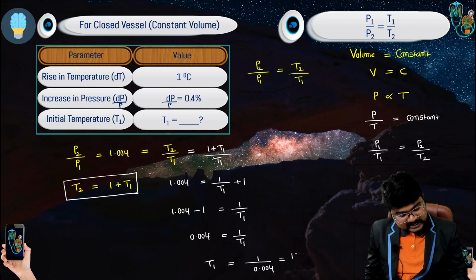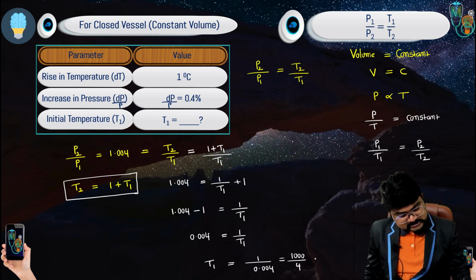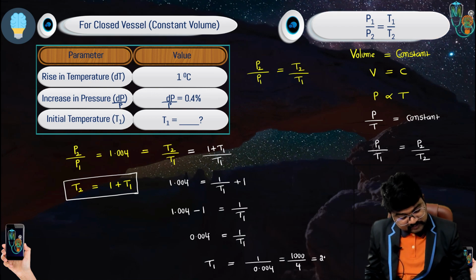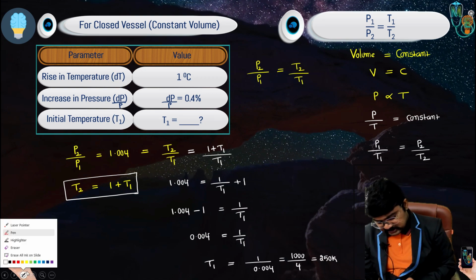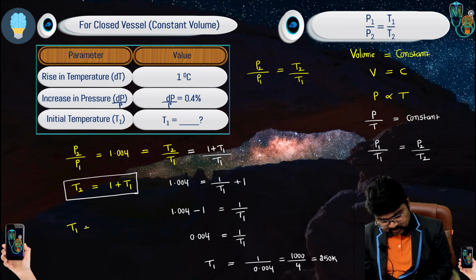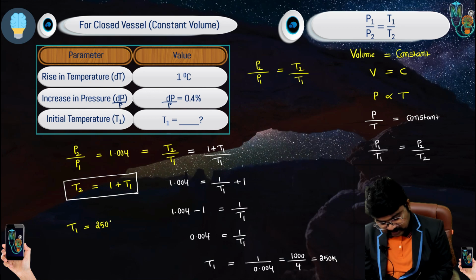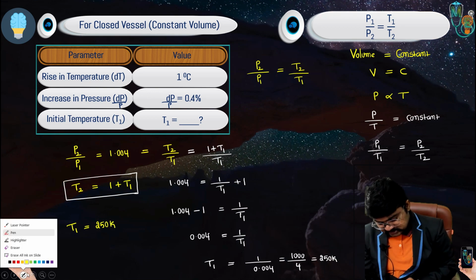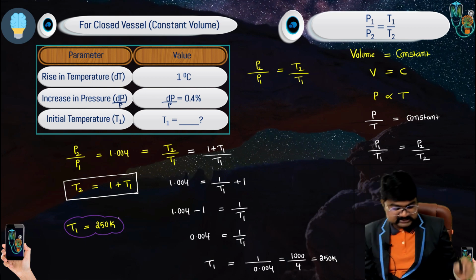You can write it as 1000 by 4. So finally T1 equals 250 Kelvin.